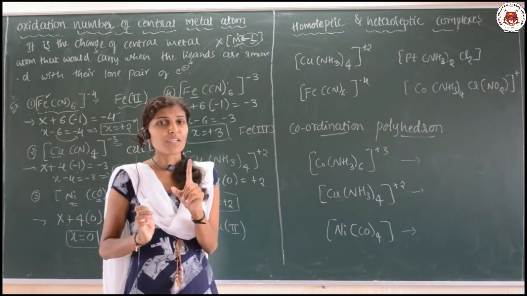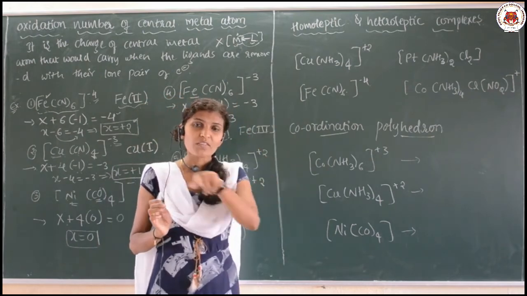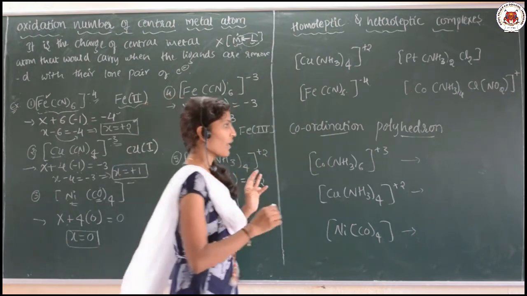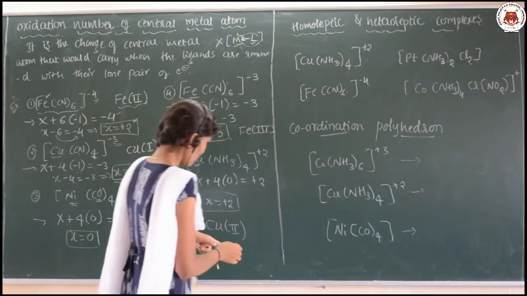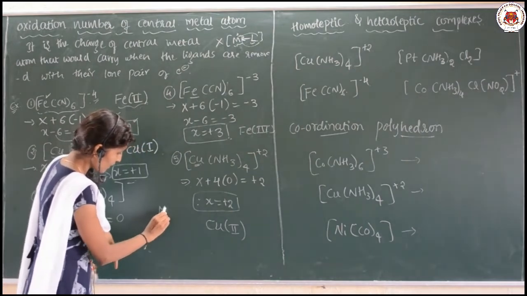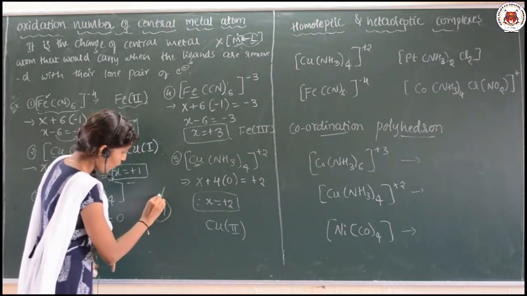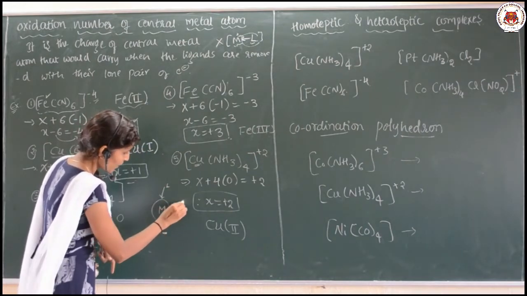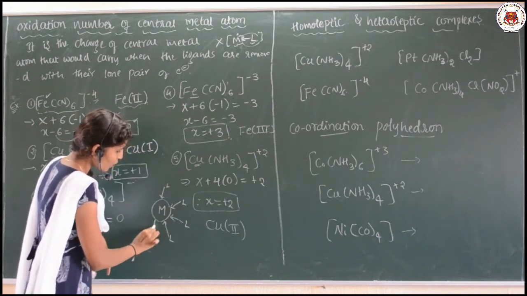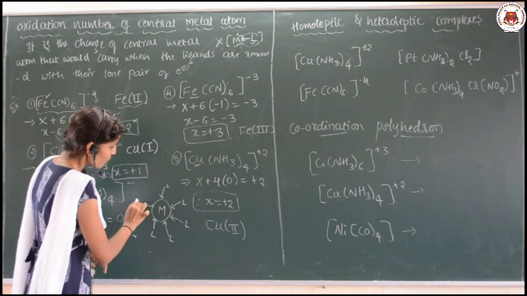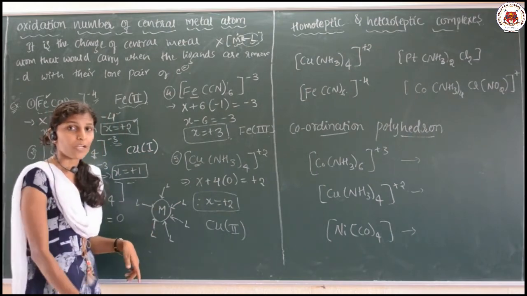For example, suppose this is the central metal atom, and all the ligands surrounding this central metal atom are of a similar type, then that will be a homoleptic complex.